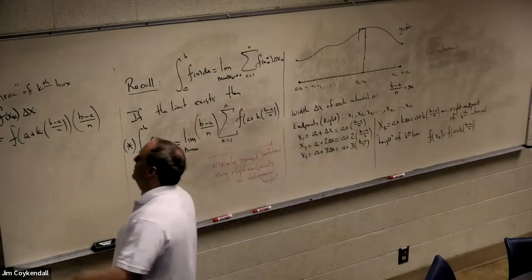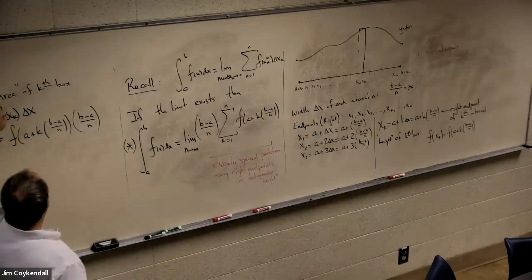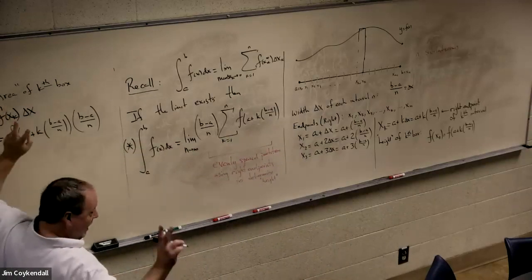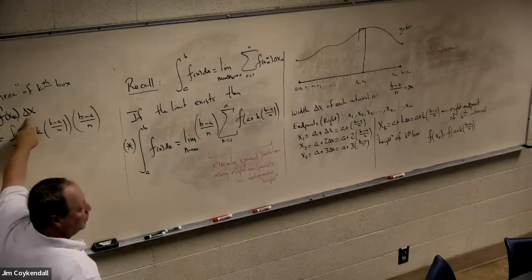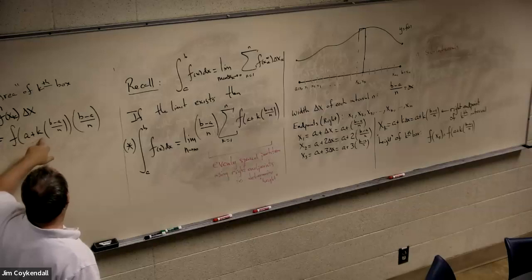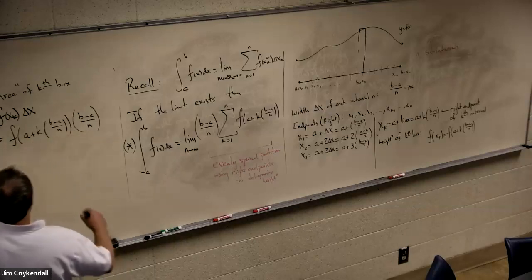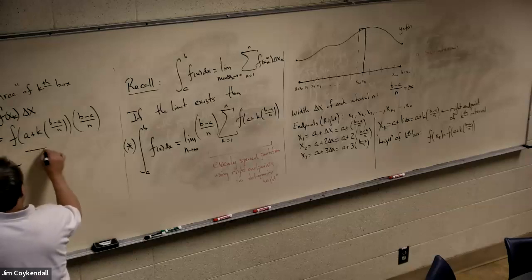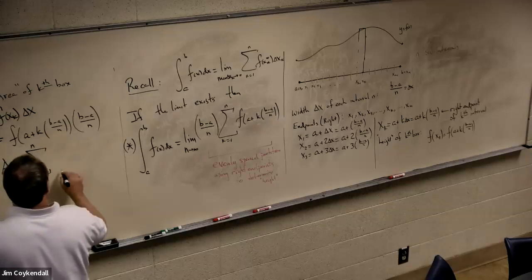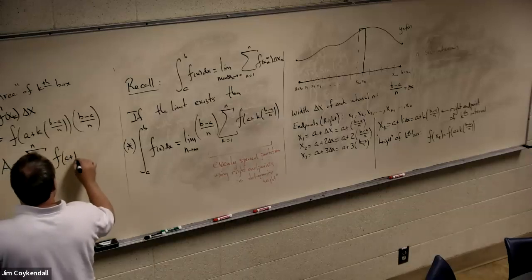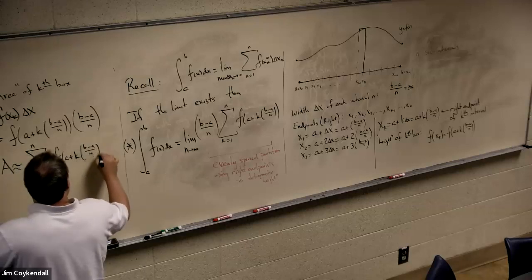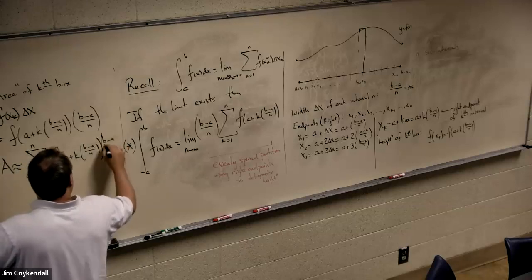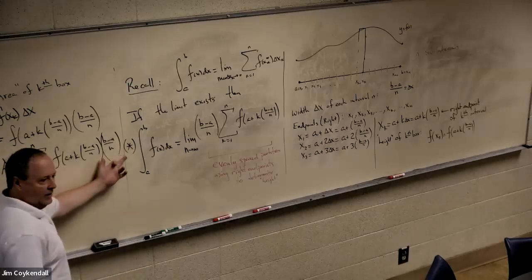So the area, which can be positive or negative, of the kth box is the height, which is positive or negative, times the width. And here I plug in xk is this thing. So the signed area is: add up all the boxes. (b minus a) over n is the width.